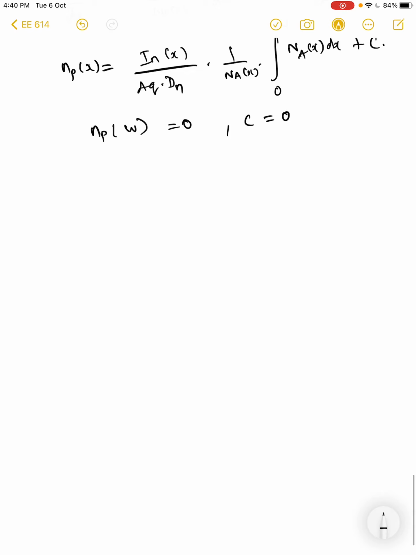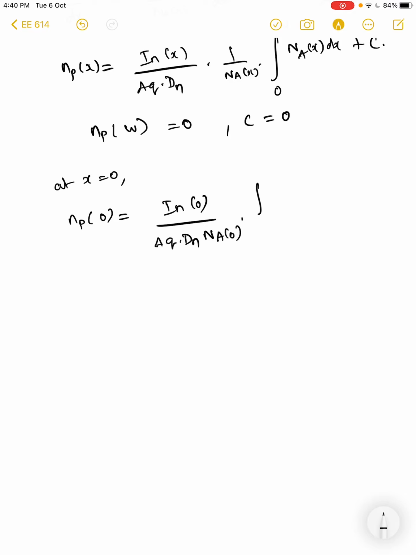And at x equal to 0, you can calculate Np(0) to be In(0)/(A q Dn) times 1/Na(0) integral 0 to W Na(x) dx.